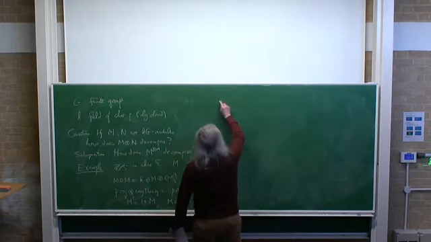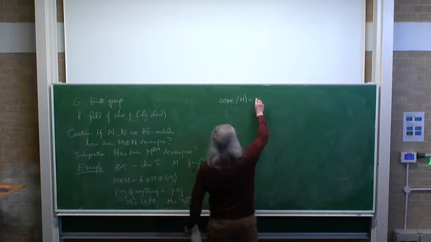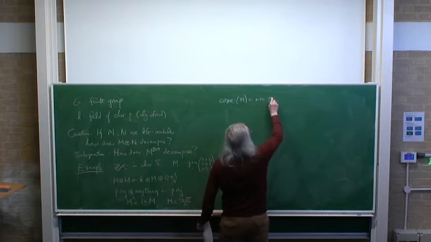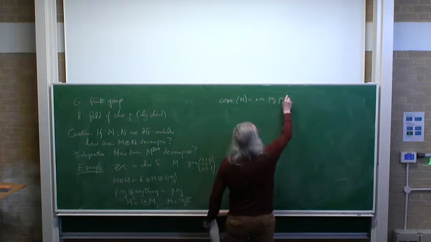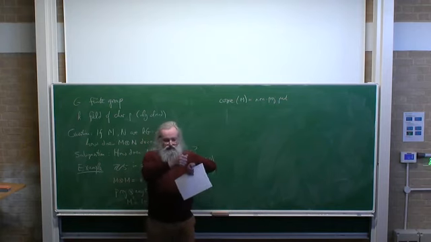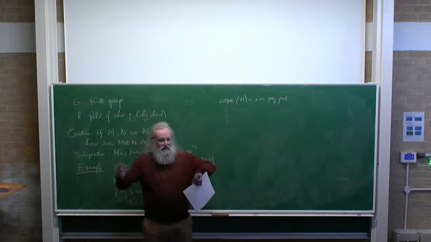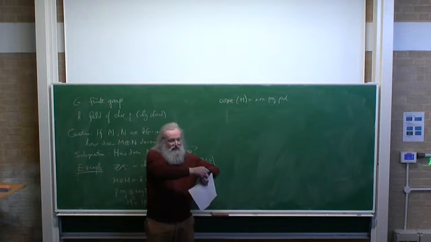So let's define the core of a module to be the non-projective part. In other words, I decompose a module as a sum of something with no projective summands and a projective module. And that first summand is my core.